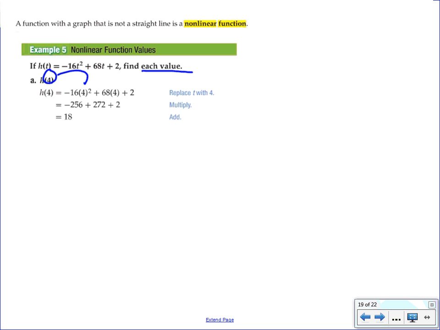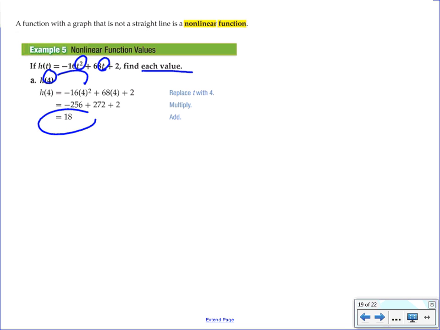So negative 16 times 4 squared plus 68 times 4 plus 2. And you solve it, and you get negative 256 plus 272 plus 2 equals 18.